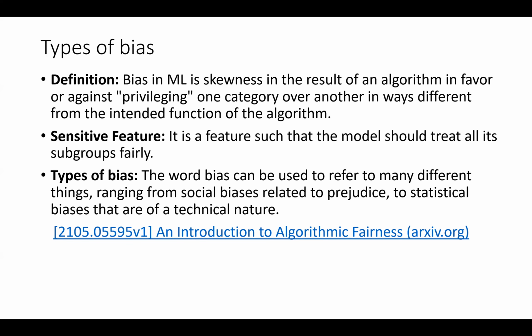So we keep the feature in the data set, but we try to find a way, by using these libraries, first to identify the bias, and second to reduce the bias. Okay, so this is the definition of machine learning bias.